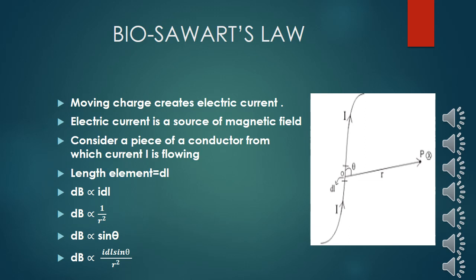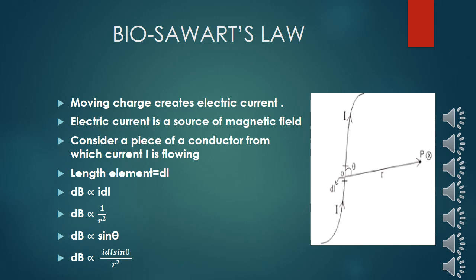So, when there is a moving charge, there is an electric current, and this electric current is the source of the magnetic field. Now, if electric current is our source of magnetic field, then how much current gives how much magnetic field? We know the intensity of the magnetic field is defined as 1 Tesla when it gives 1 Newton force to 1 coulomb charge that moves with a velocity of 1 meter per second.